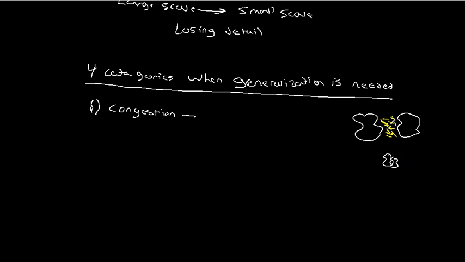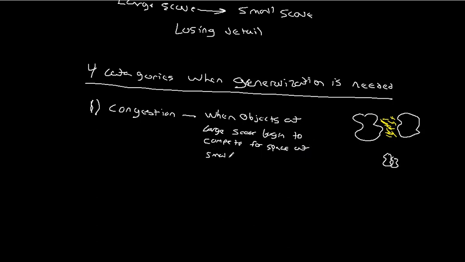And you can see that all of this space that we originally had, you start to lose. So this process is congestion. Congestion occurs when objects at large scale begin to compete for space at smaller scales.